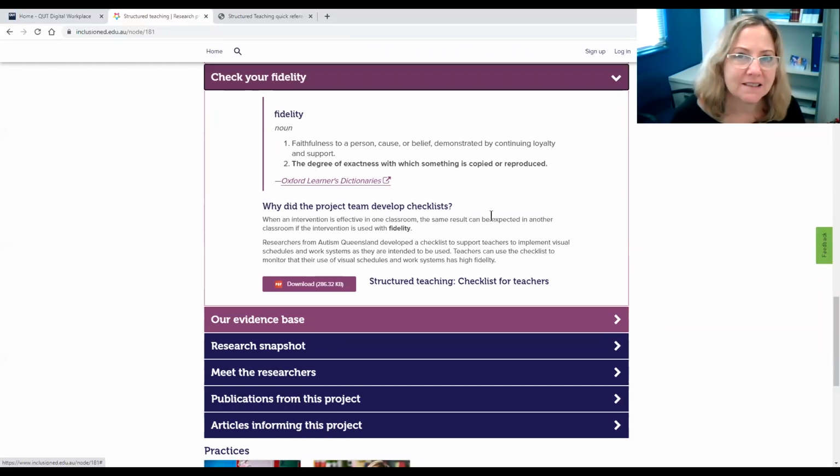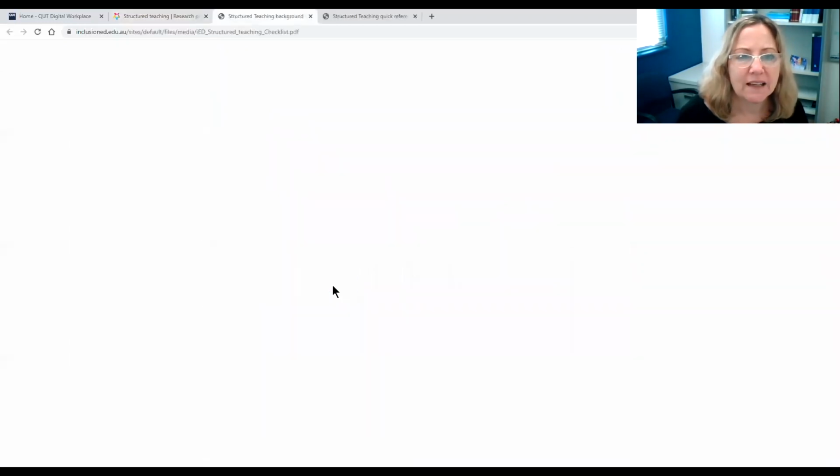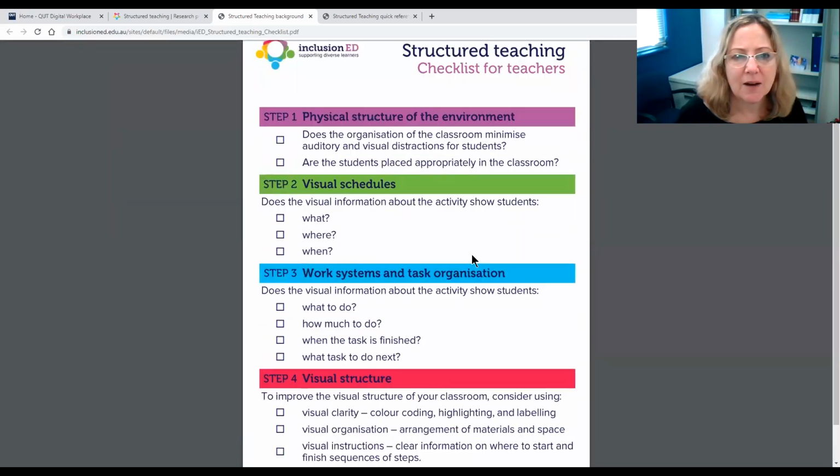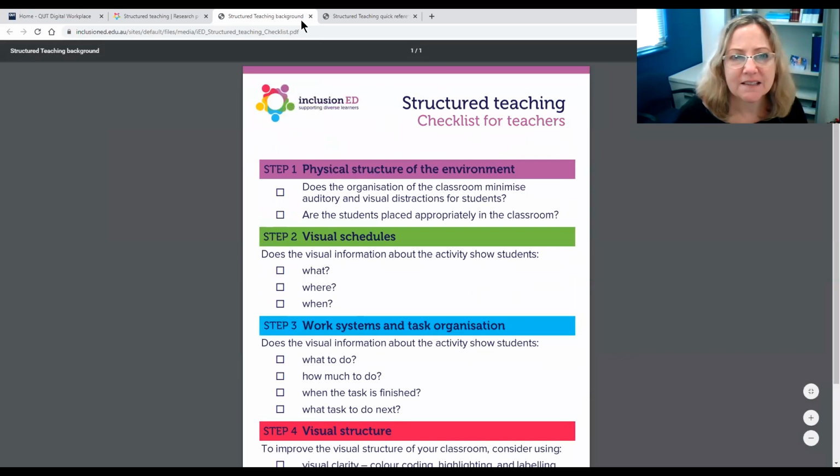And the checklists are to support mainstream classroom teachers to implement visual schedules and work systems with fidelity. So let's have a look here. And this gives you a checklist for these.